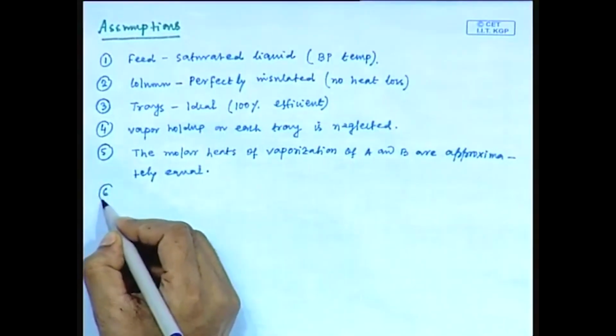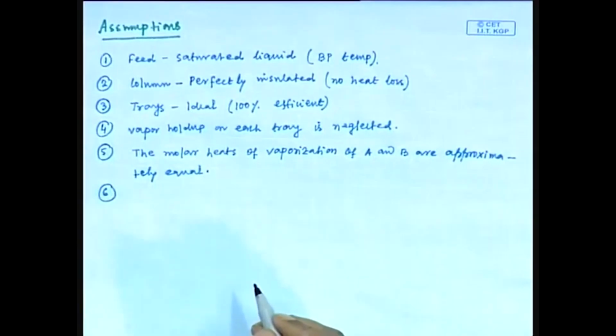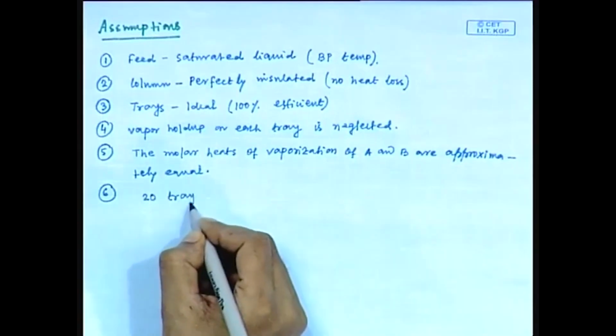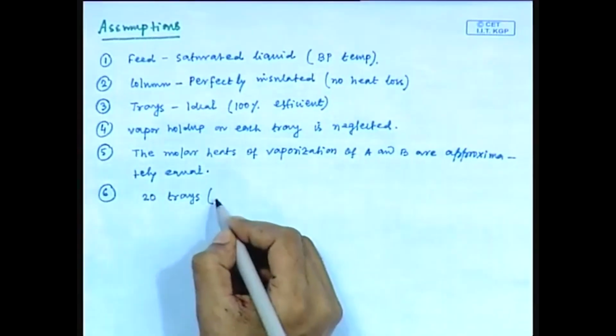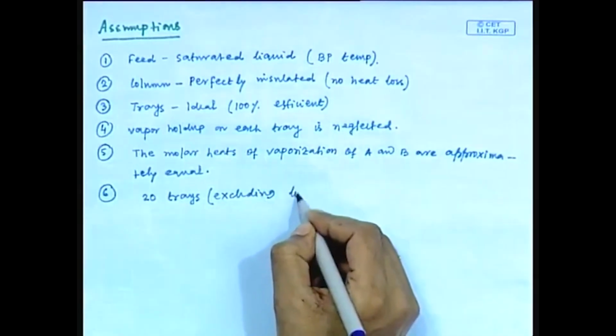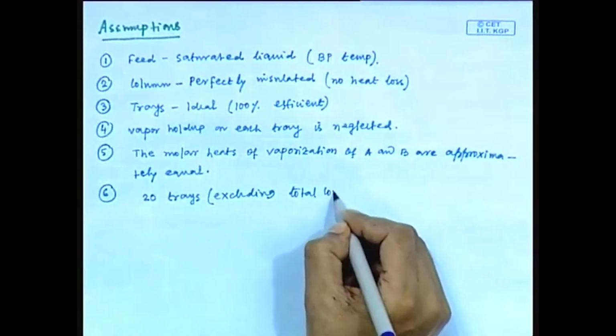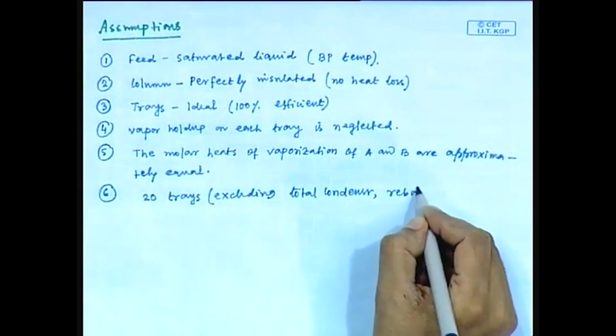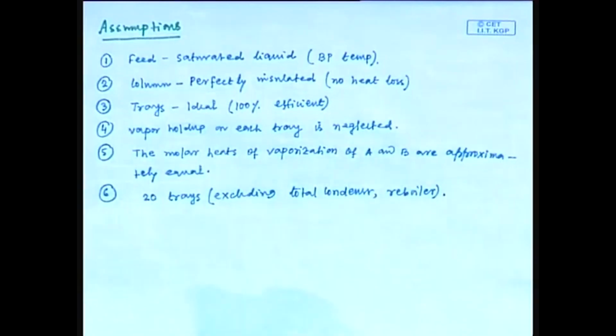Sixth assumption is the column has total 20 trays excluding total condenser and reboiler.